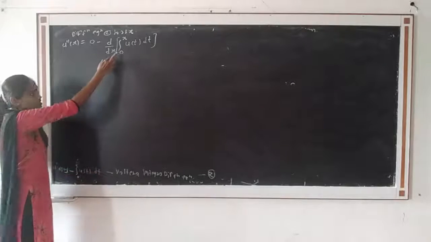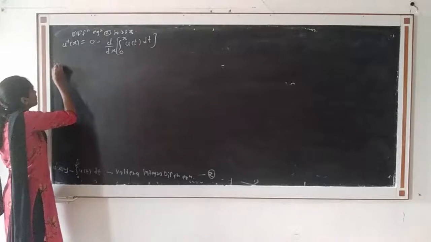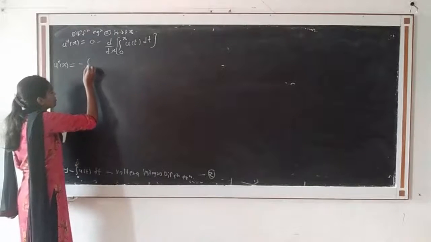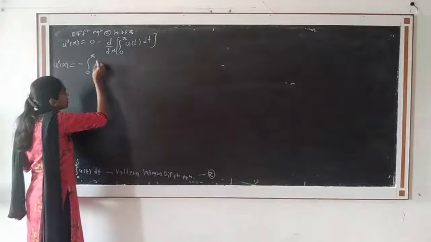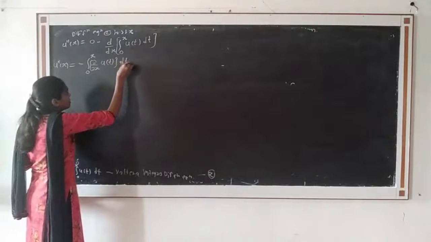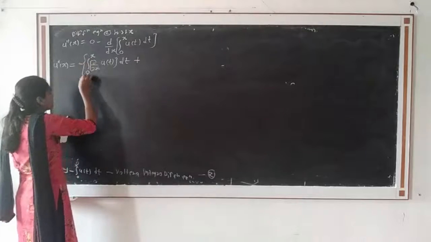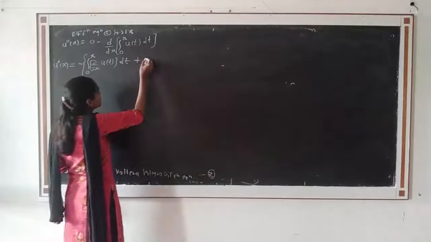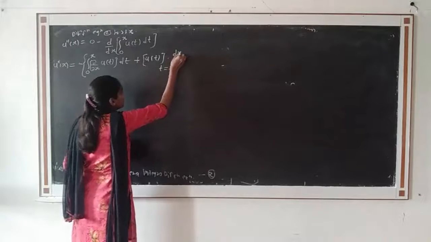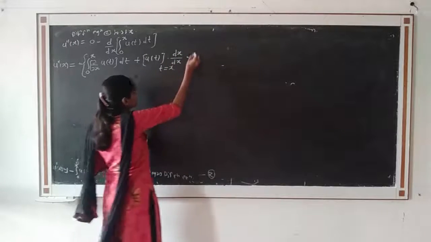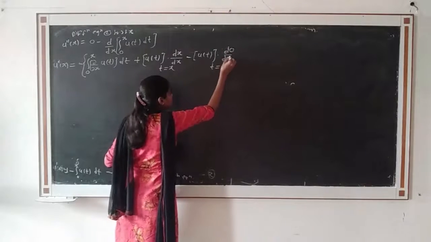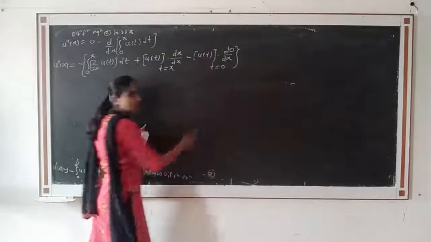Then again for finding this differentiation we have to use the Leibniz rule, that is u double dash of x is equal to minus integration from 0 to x, where g of x, t function is u of t, del by del x partially differentiating u of t into dt, plus we write a curly bracket because of the minus sign, u of t at t is equal to x into the derivative of x with respect to x, minus u of t at t is equal to 0, derivative of 0 with respect to x, curly bracket complete.